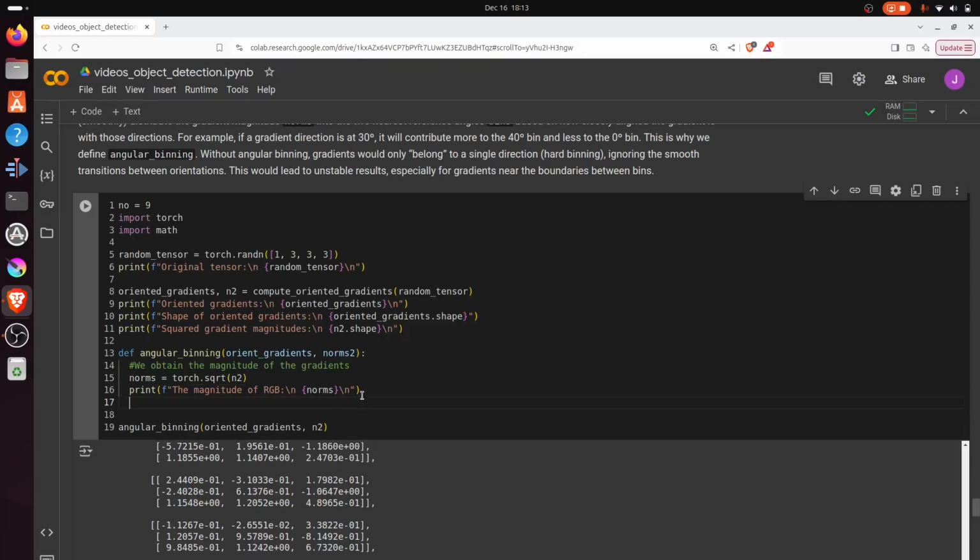And now what else can we do? Well, what we need to do now is to normalize the gradients. Essentially we need to divide them by their magnitudes. That is why we computed the magnitudes of the gradients just now.